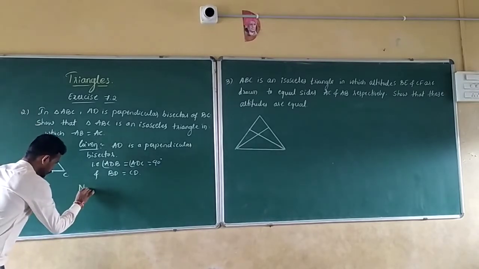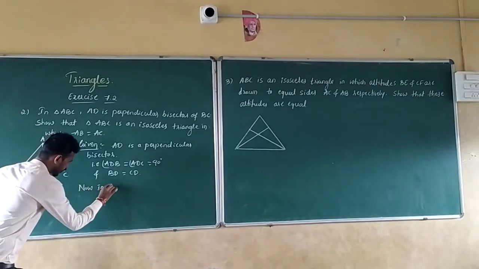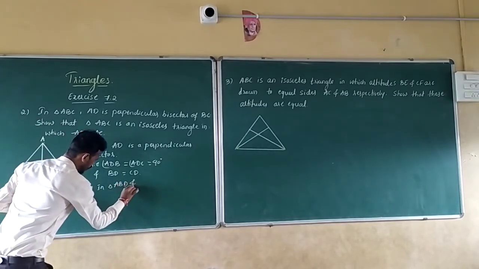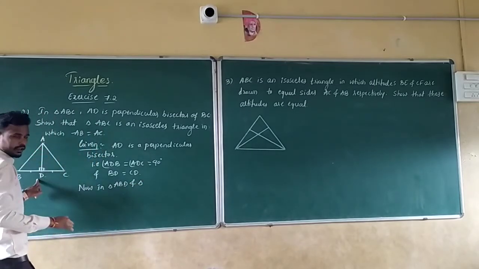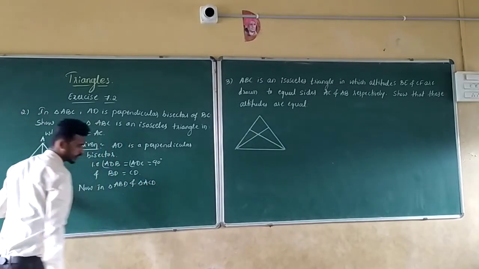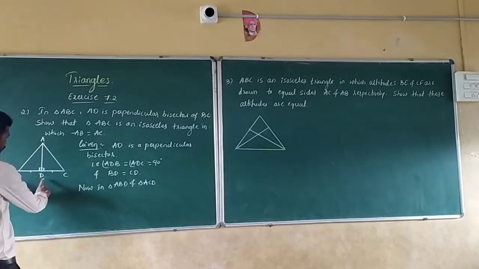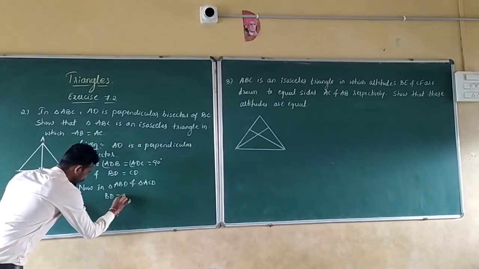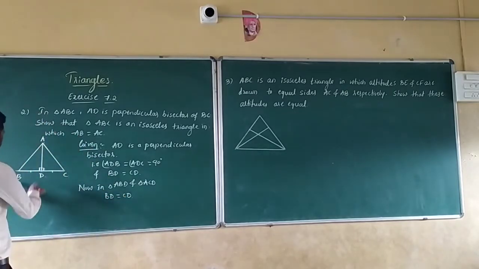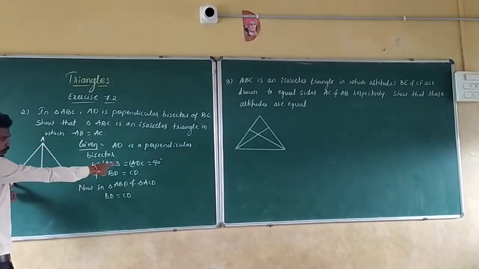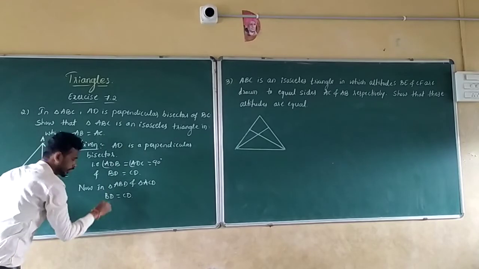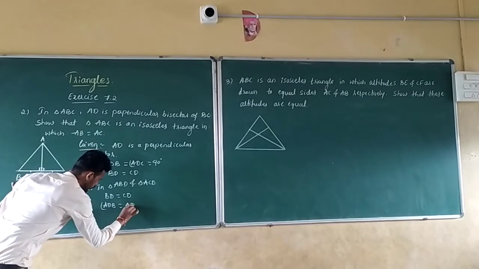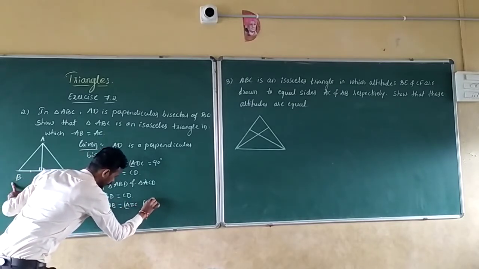So now, in triangle ABD and triangle ACD, what are the equalities? Here BD equals CD, which we have proved by the given. And angle ADB is equal to angle ADC, both are 90 degrees, as we have already shown.